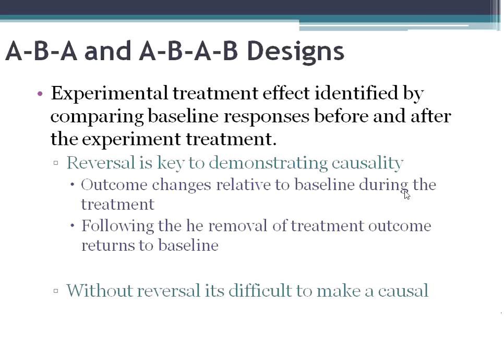So we don't have reversal. When you don't have reversal, it makes it really difficult to say that, well, it's the squishy seat that was causing that change. Because we removed it and the behavior is still changed, so it might be something else that is causing that change. So with these ABA designs and these ABAB designs, you really need that reversal to make that strong case for causality.